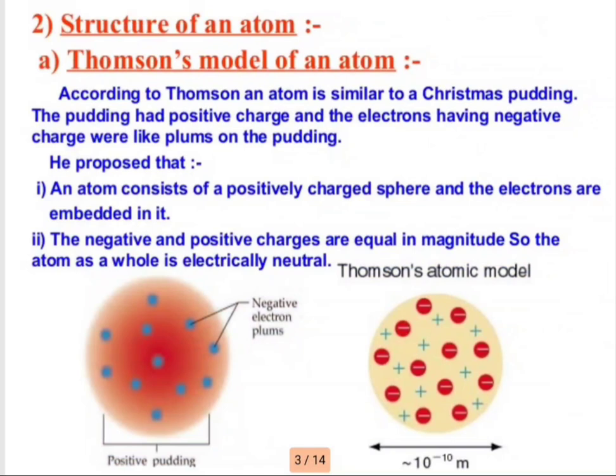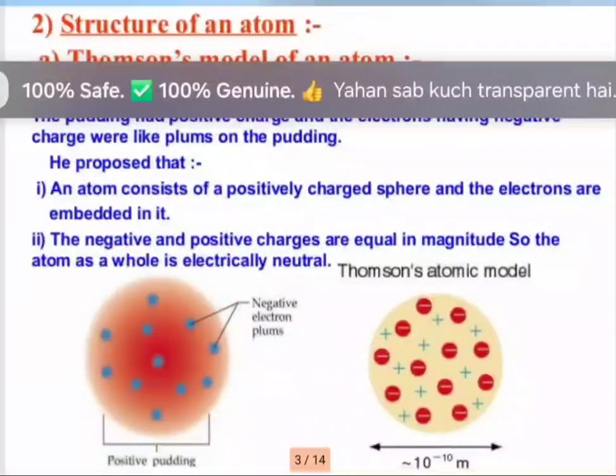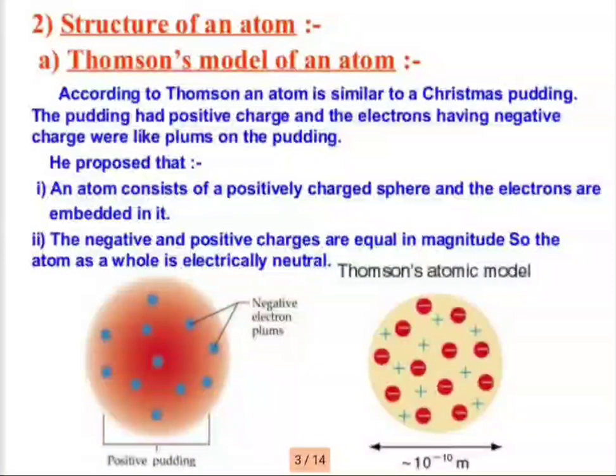First, we discuss Thomson's model of the atom. According to Thomson, an atom is similar to a Christmas pudding. The pudding has a positive charge and the electrons have a negative charge. He proposed that an atom consists of a positively charged sphere and the electrons are embedded in it.